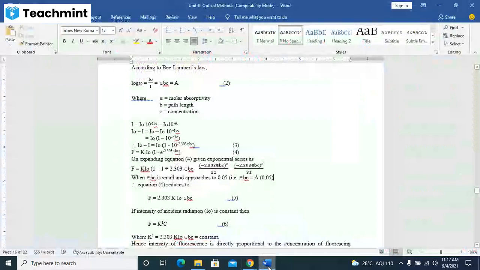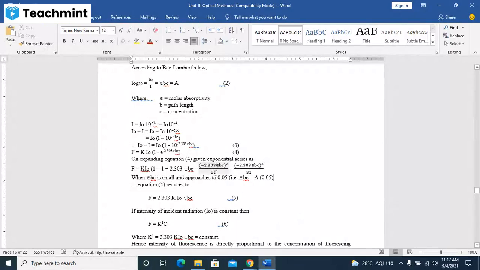Okay. See, just arrange that equation. See here, on expanding this equation number 4 gives an exponential series. उसको अगर expand करते तो exponential series इस तरह से देता है: 1 minus 1 plus 2.303 epsilon bc minus (2.303 epsilon bc)^2 upon 2 factorial, and so on.